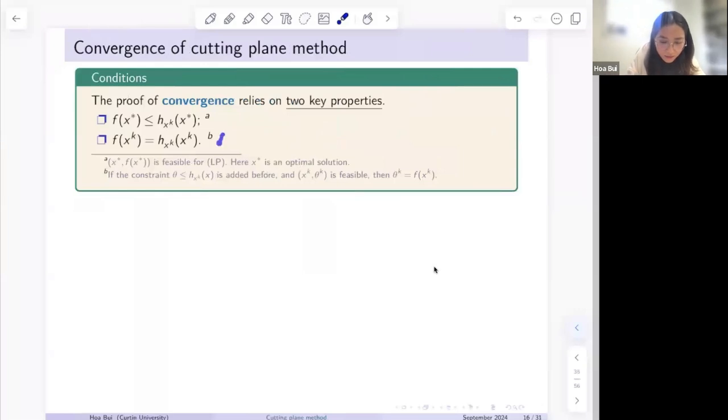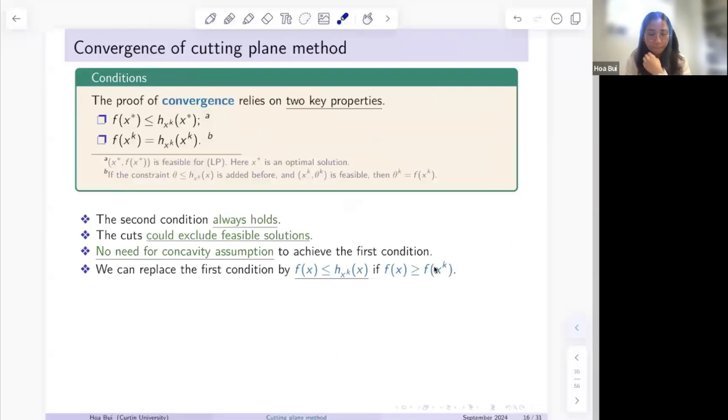And here is the second condition: the tangent plane you construct at xk must support the function f at xk. For these two conditions, we can see that the second condition always holds for free because h is a tangent plane. It always supports the function at xk.